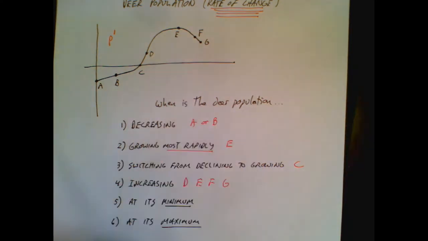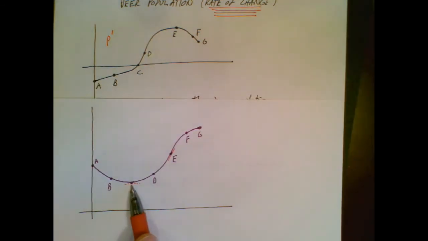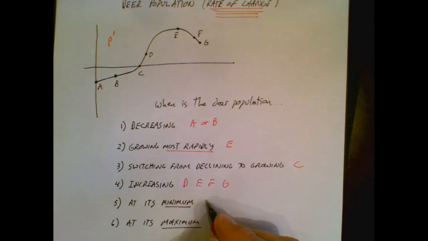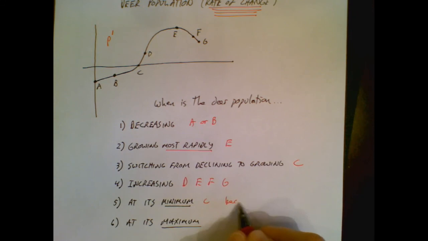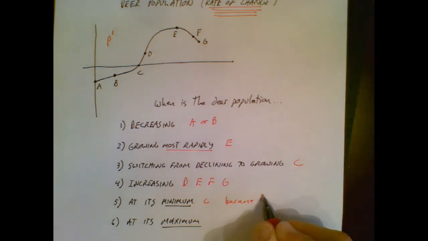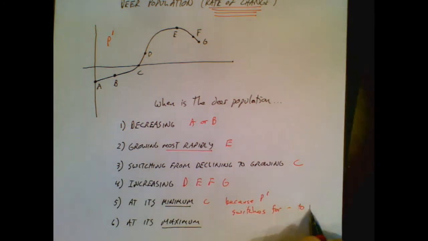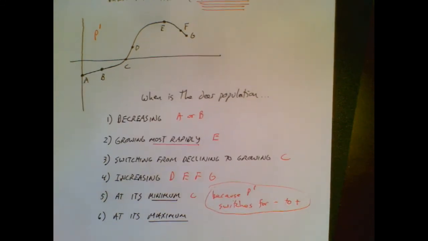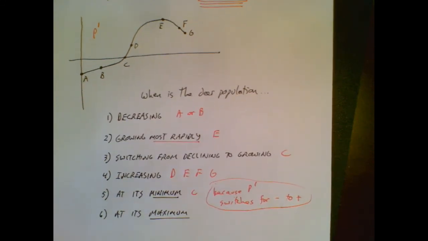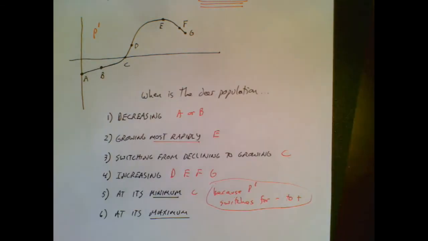And if I had taken the time to graph that, the minimum occurs at C. If we've already done this subject called curve sketching, you would say because P prime switches from negative to positive. If this doesn't make any sense to you, that means we just haven't done curve sketching yet, so no big deal, because you can still reason that out by graphing it.